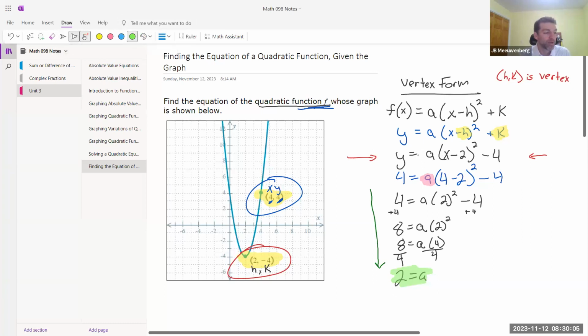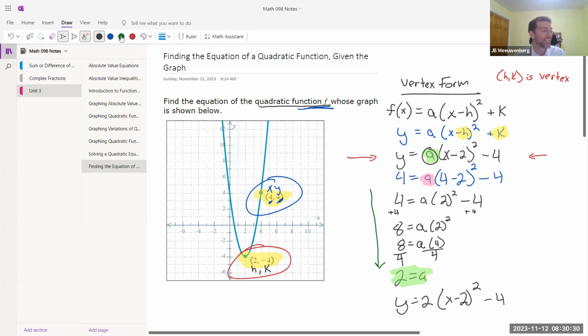This right here, y equals A times x minus 2 quantity squared minus 2 is nearly our final answer. We just needed to find a number for A. We now have that. So we are going to substitute 2 in right there. So let's write it. Y is equal to 2 times the quantity x minus 2 squared minus 4.